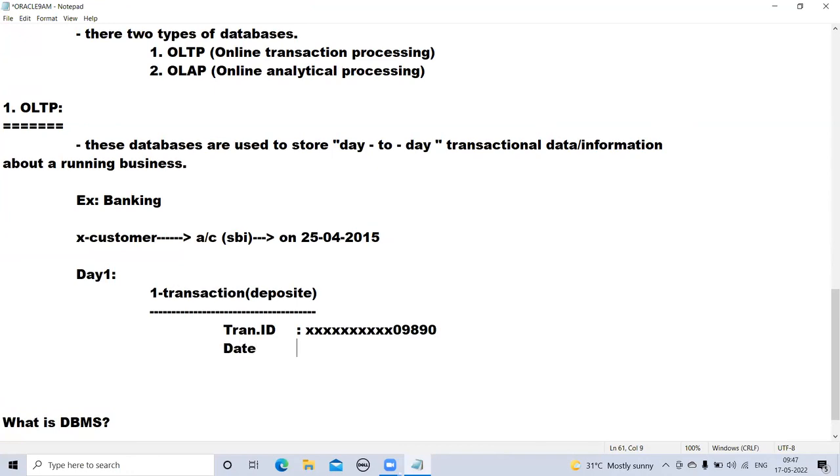On which date was your transaction done? Suppose the day was 25/4/2015. And what time was your transaction done? For example, 11:25 and 32 seconds.